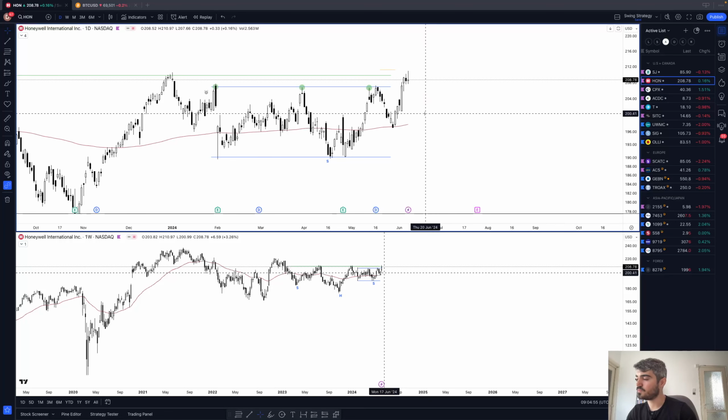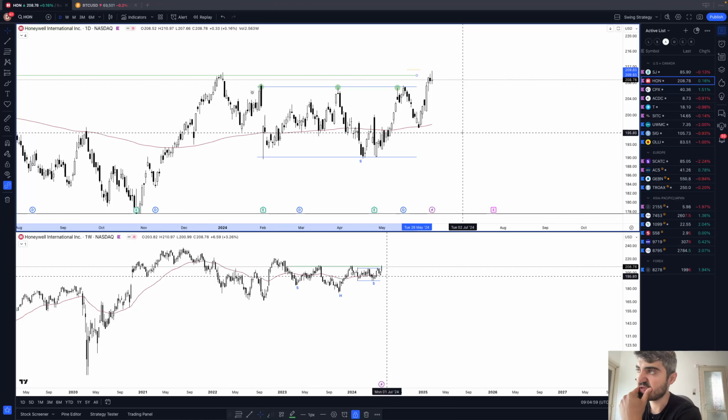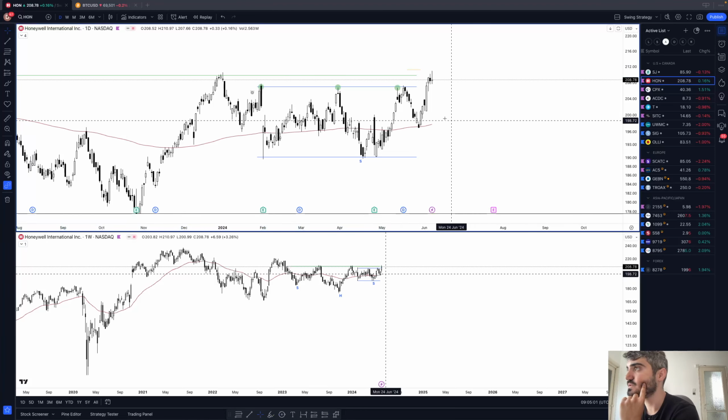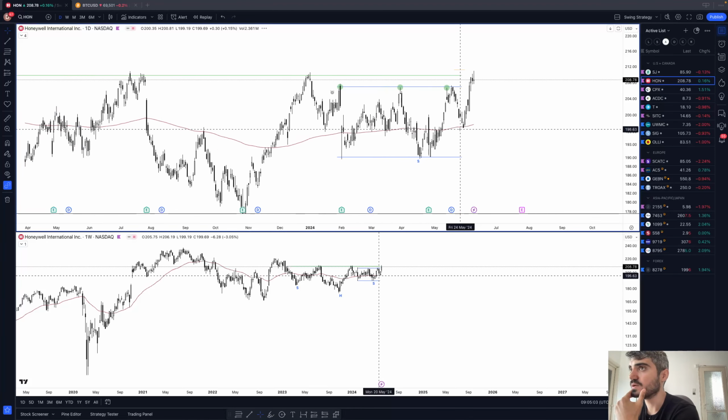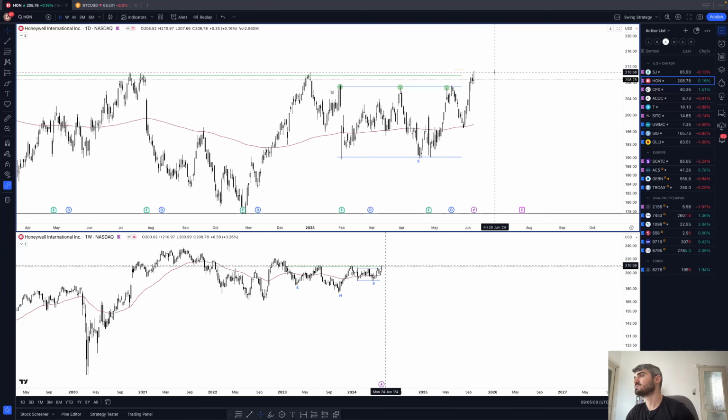Once again, I would want price to close above the neckline of the head and shoulders to be sure that we have clear skies.